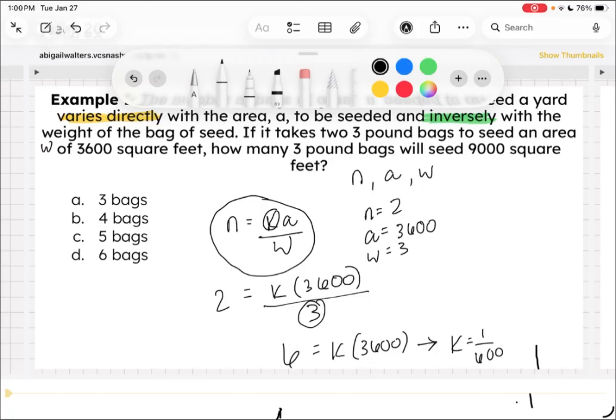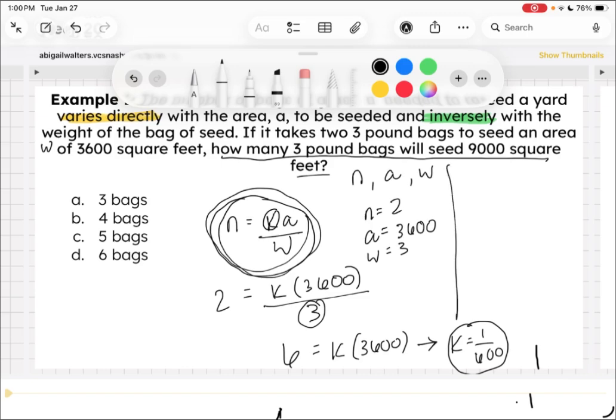Now we're applying it to a new situation. How many 3-pound bags will seed 9,000 square feet? We're going to use that same equation and plug in this value for K. So we're trying to figure out how many bags that is.